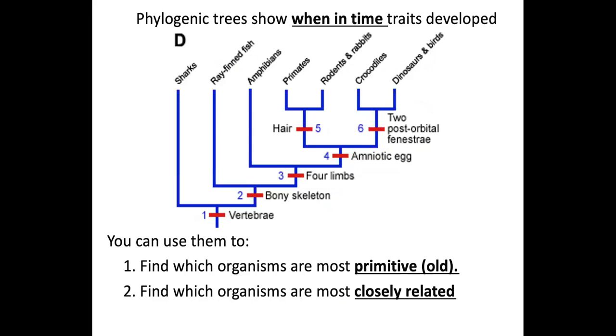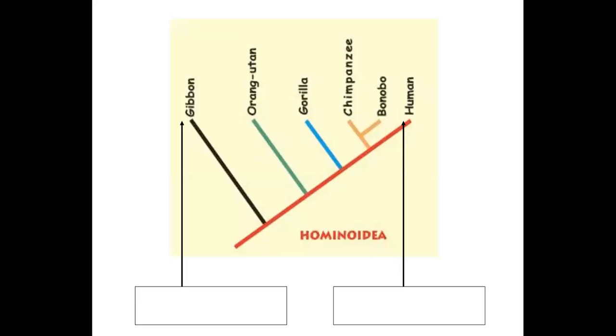So here's another example of what you can possibly see. If you look up here, which one would be the oldest or most primitive? The gibbon. And then the most recent would be the human. Okay? The Homo sapien. Nicely done.